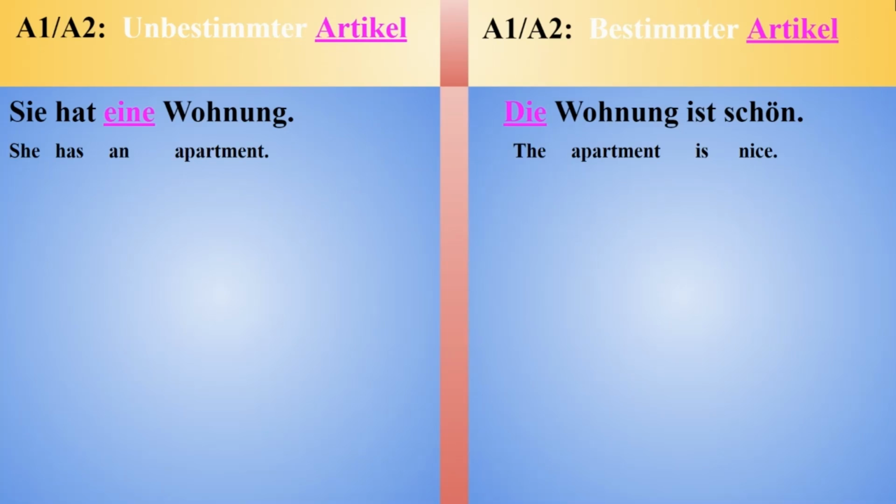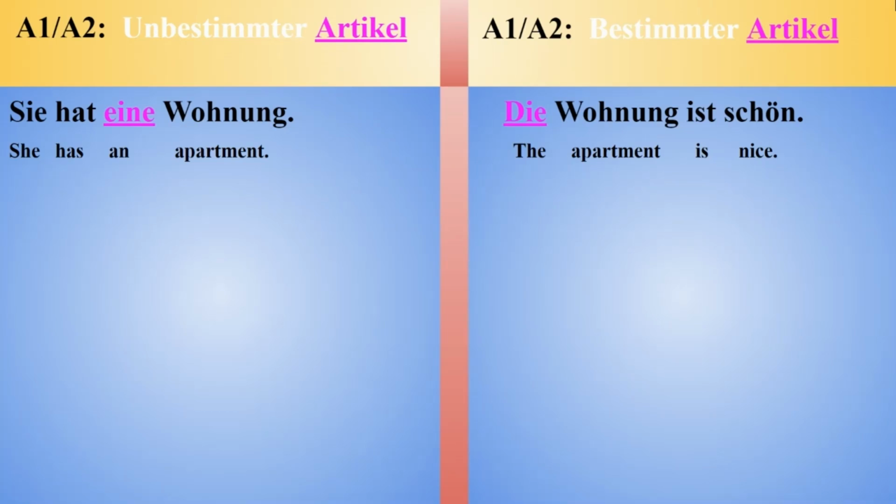The definite article, oder bestimmte Artikel, just as the name suggests, is talking about a particular thing. For example, here it is the apartment. That's why this article is definite, that is bestimmte Artikel.